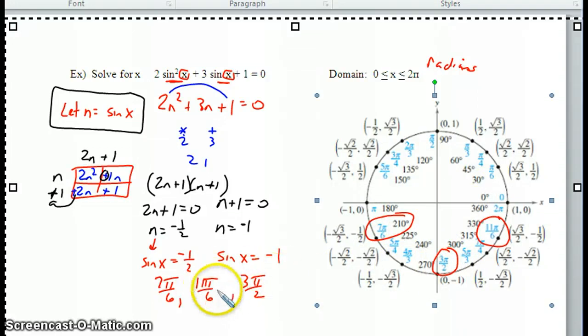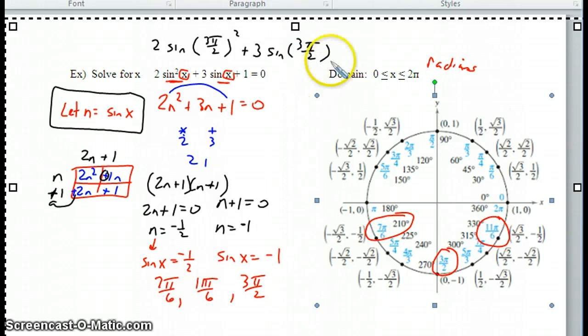So those are my answers. Before I circle those, I'd want to take the time to plug them into my calculator to check them out. If you're plugging them in the calculator, it should look like this. 2, and then sine, let's say I put 3 pi over 2 in there, squared, plus 3 sine of 3 pi over 2 plus 1.